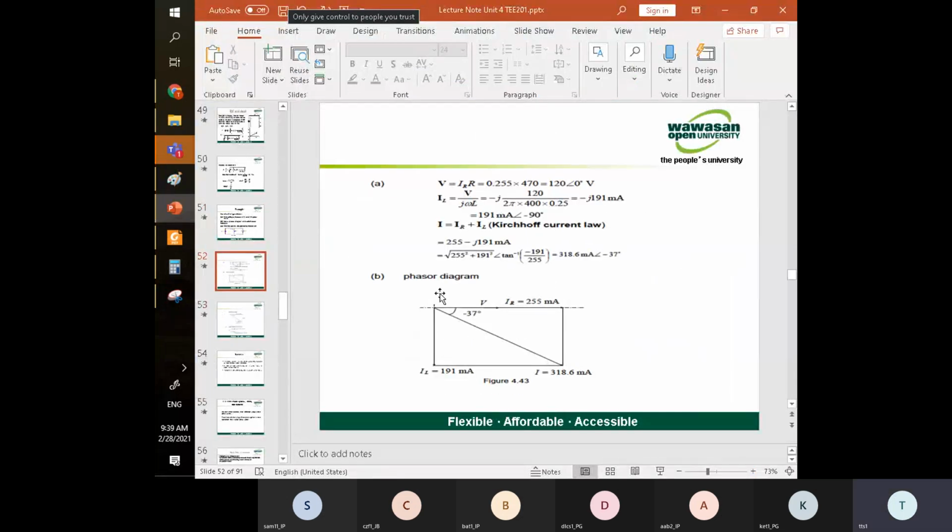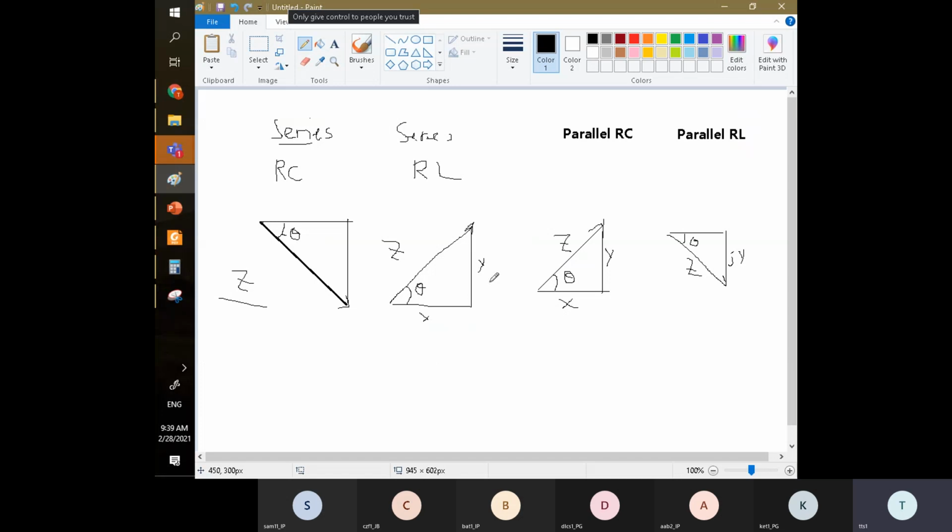After you find your answer, it will be pointing downwards. If your answer is not pointing downward, that means something is wrong. Okay? So here are the combinations, RC, RL. If it's series, then it should be pointing upward. Series RL pointing upward.